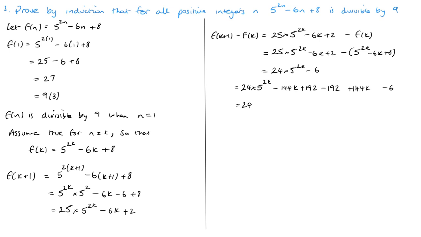Now I can take 24 out, and I've got 5 to the 2k minus 6k plus 8 plus 144k, and I've got 19 minus 192 minus 6, so minus 198.